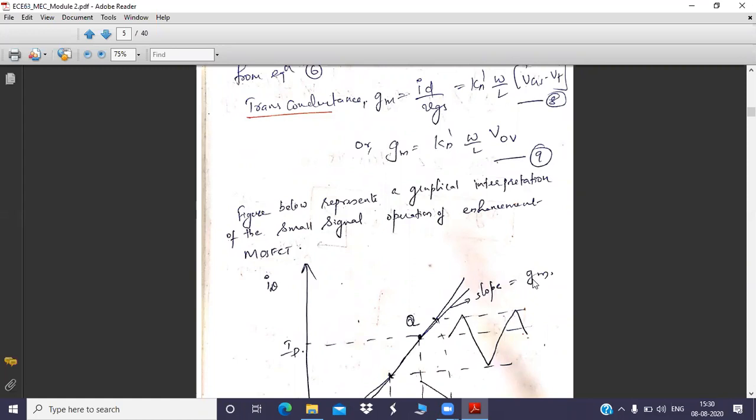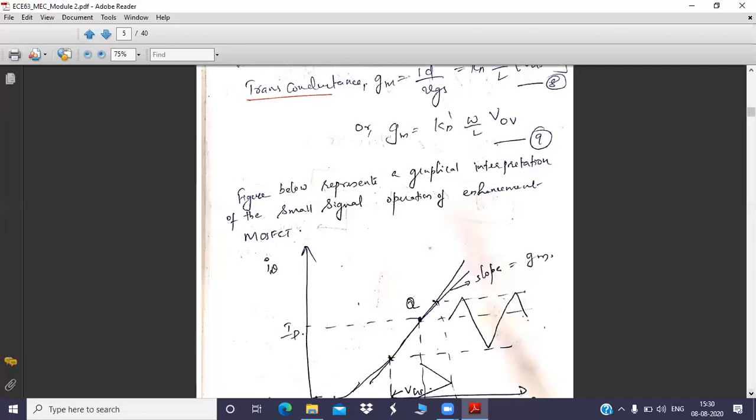I will repeat: the slope of the tangent drawn at the Q point located on the transfer characteristics is nothing but your transconductance graphically. Analytically, that is equation-wise, I have done this. This is the graphical way.